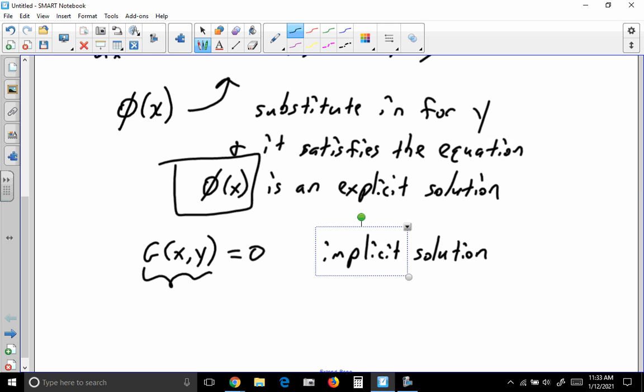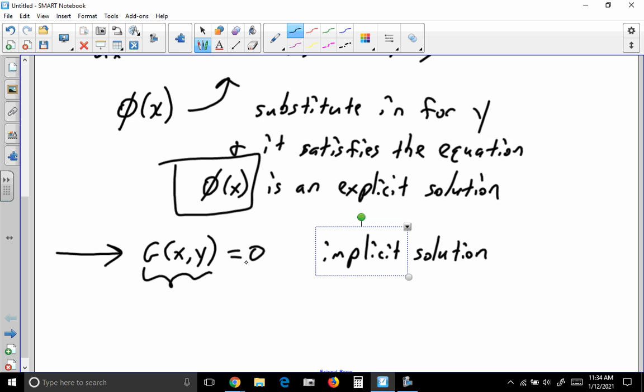And the way we determine that this one is a solution is a little bit different, because since it's not solved explicitly for a single variable, typically what we do is we take the derivative of this. If the differential equation that we're looking for its solution is a first order differential equation, then we take a first derivative of this potential implicit solution and we rewrite it and see if the derivative of this matches our differential equation.